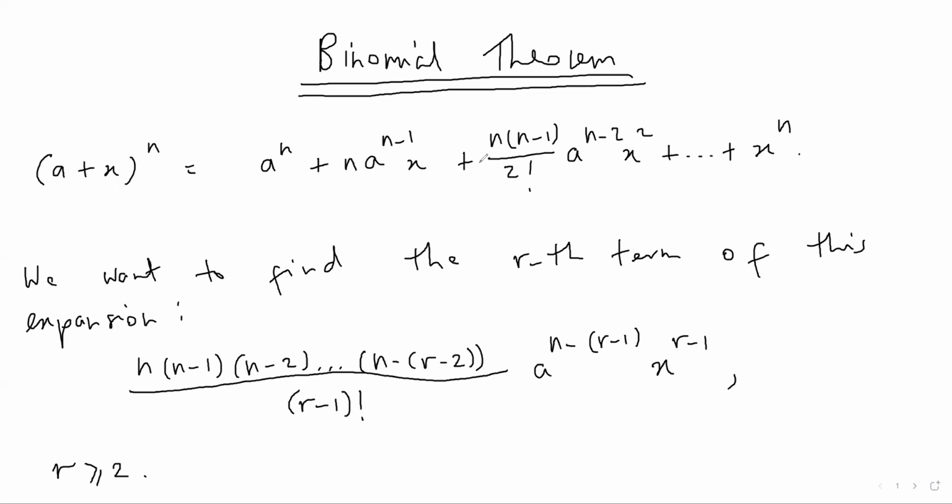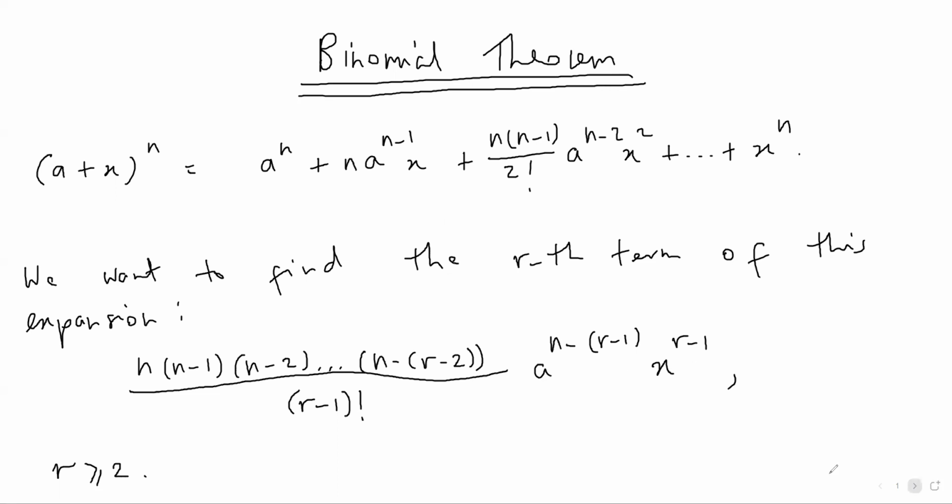You can check this even in the previous examples you did. For a particular n, the number of terms in the expansion will be n plus 1. If you've got a plus x to the 2, your expansion will have 3 terms. If it's a plus x to the 3, your expansion will have 4 terms in total. So it's always n plus 1 terms.